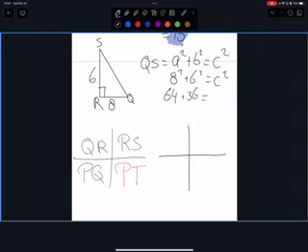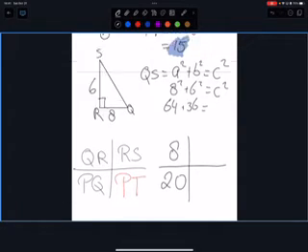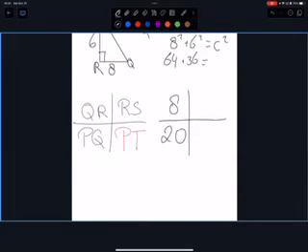And then you just fill it in. QR was 8, PQ was 20, RS was 6. So what does it represent? 20 times 6 divided by 8.